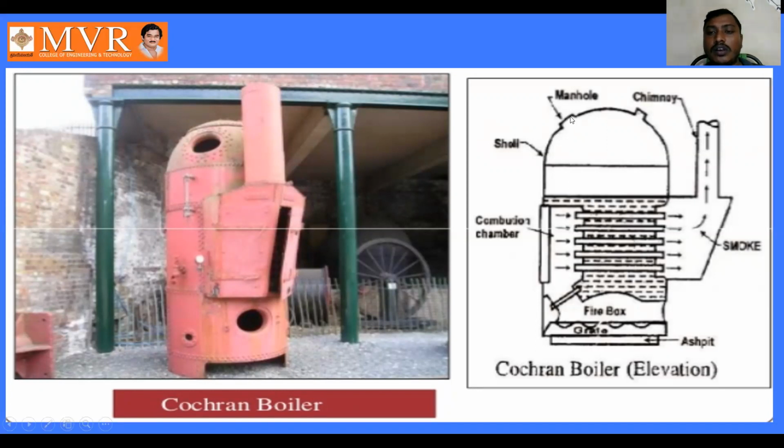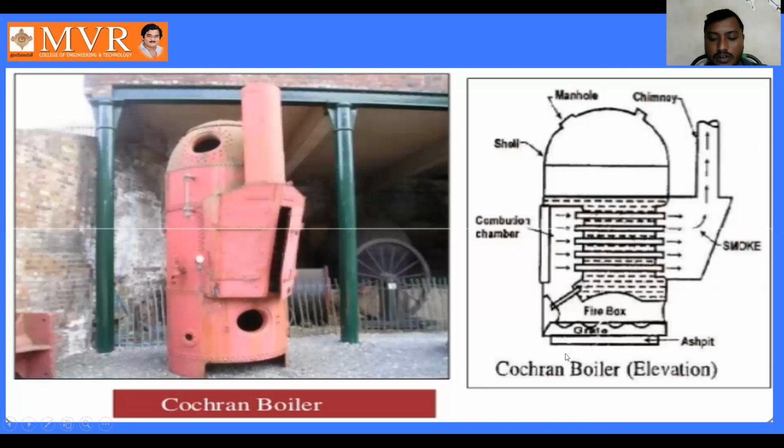This is the manhole, which is used for cleaning purposes, where a man enters into the boiler shell. This is the shell, which is hemispherical in shape. This is the combustion chamber where combustion takes place and heat is generated, and this heat enters into these cross tubes.